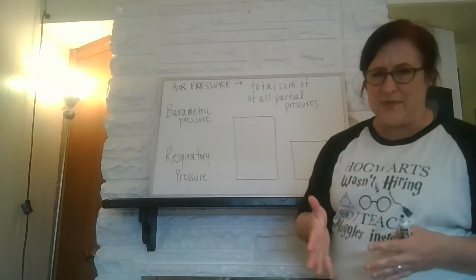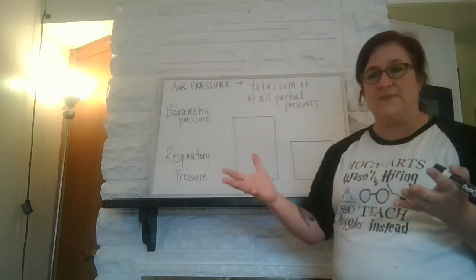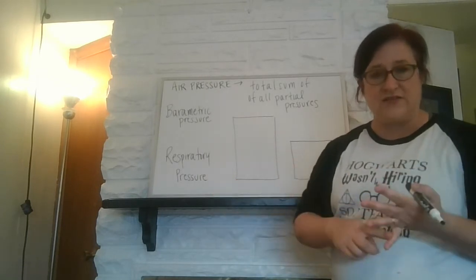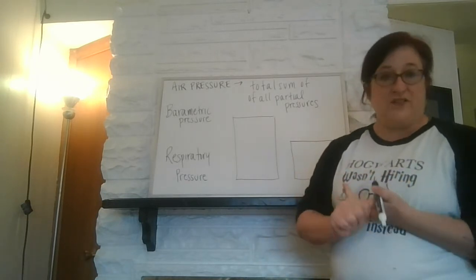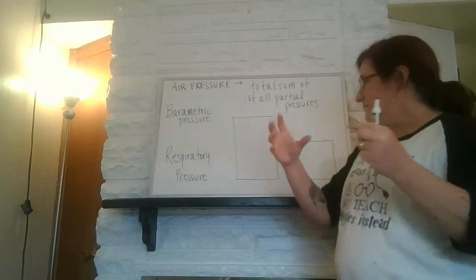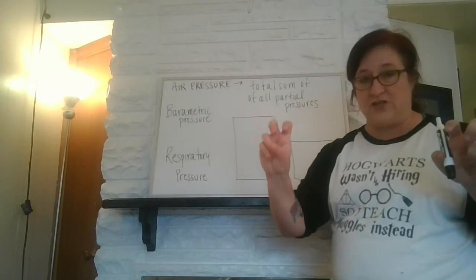That sounds complicated, but it's really not. So air itself is made up of different types of molecules like oxygen, carbon dioxide, nitrogen, whatever other pollutants are in the air itself. Each of those exerts its own partial pressure.